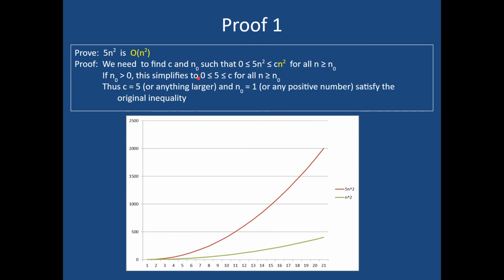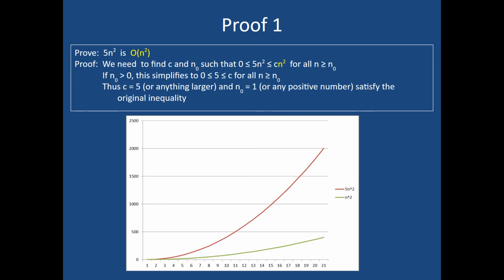So divide through, and that simplifies to 0 less than or equal to 5, less than or equal to c. Okay? So that just says that for this proof to work, c has to be 5 or bigger, and n0 has to be positive. Actually, n0 of 0 would work as well.